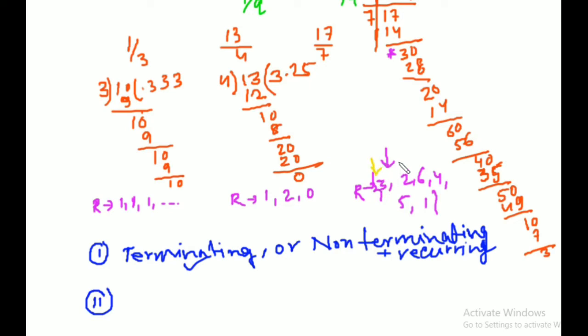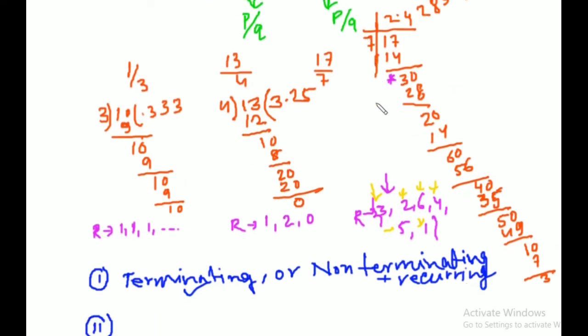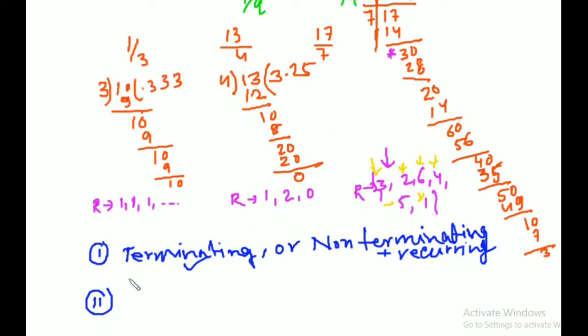The number of entries, that means 1, 2, 3, 4, 5 and 6, in the string of remainders that repeats again and again will be less than the divisor. So here the divisor is 7. If the number is non-terminating, you will see that the remainders repeat, but in that repeating string of remainders, the number of entries is less than the divisor.